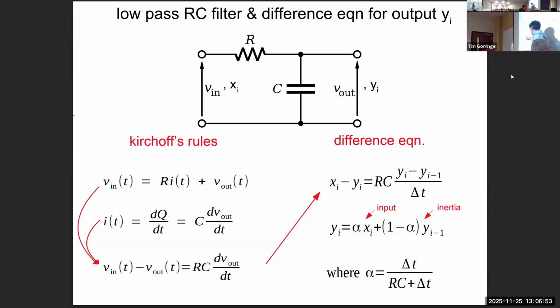So that current is the rate of change of the charge on the plate of the capacitor, which determines the rate of change of the voltage on the face of the capacitor, the rate of change of the output. So this relates the current to the rate of change of the output voltage, and I can replace this current with it. It's this equation here. This is the differential equation describing the circuit.